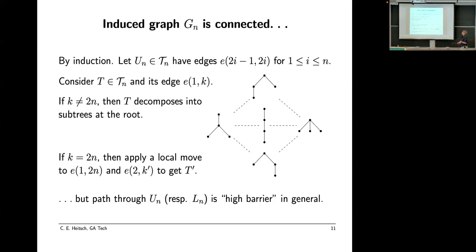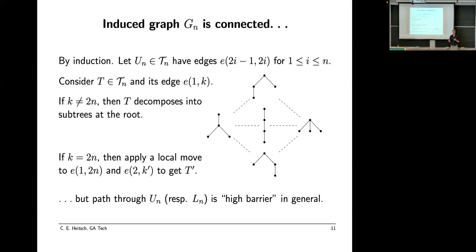So any 2 trees are connected through a star tree, but I'm claiming that that's a high barrier path. Well, where did the barrier come into this? The idea is these trees are supposed to be a fairly abstract model of RNA secondary structures, and loops with really high degree should be thermodynamically very unfavorable.